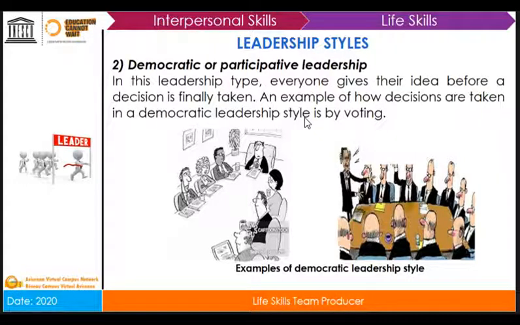The second leadership style is democratic or participative leadership.